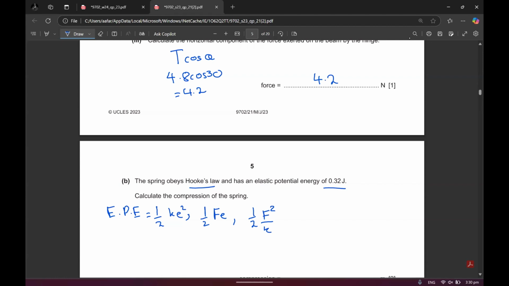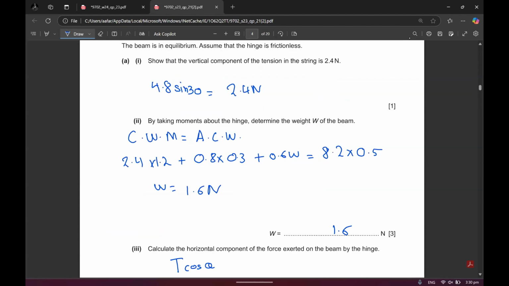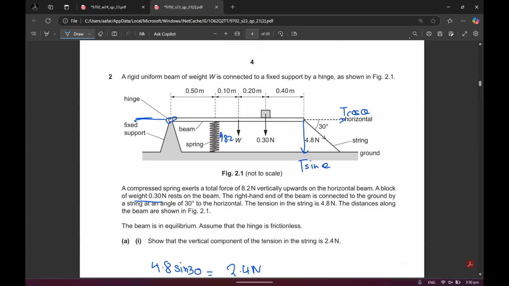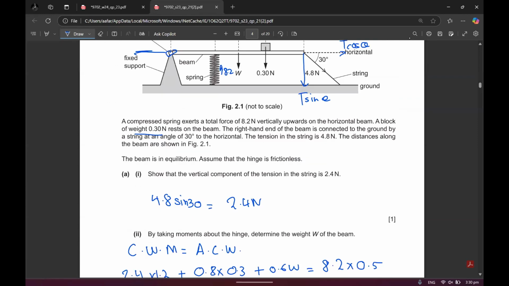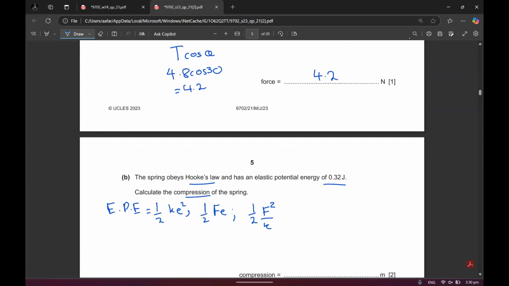So we have the energy, and we need to find the compression, which is extension, and we have the force. So we'll use this one.